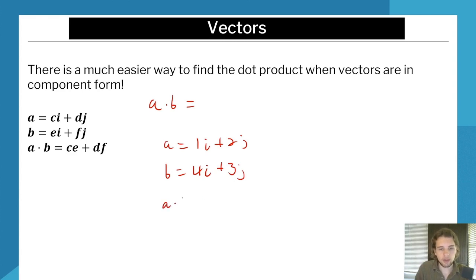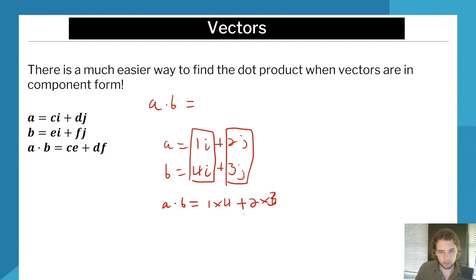Then the dot product of A and B we can very quickly find: we just do 1 times 4, multiplying these elements, and then 2 times 3, multiplying those elements. So our result is 10.